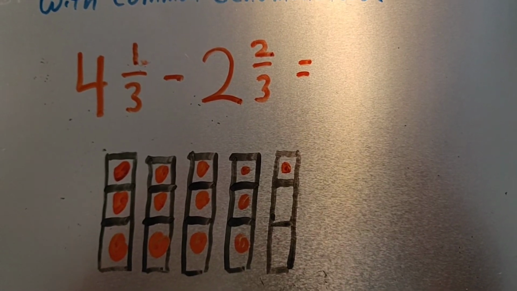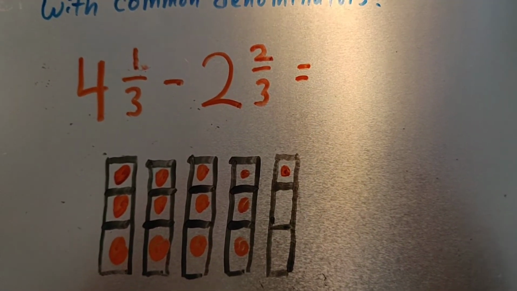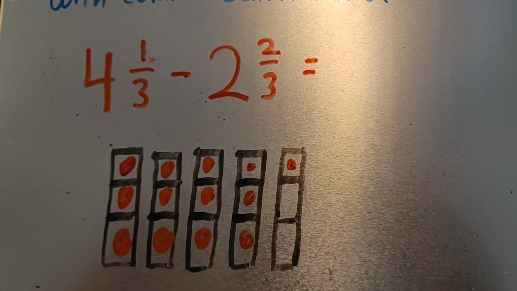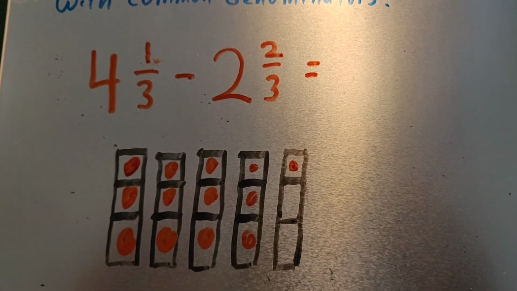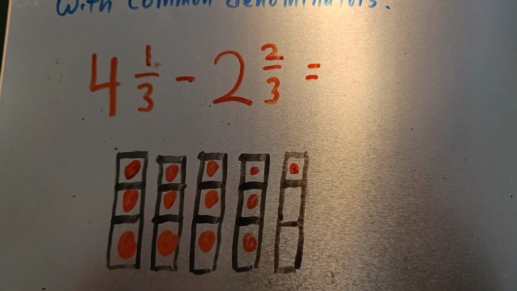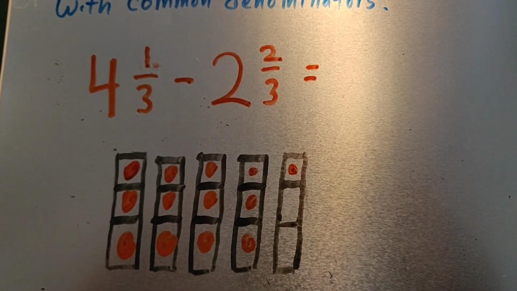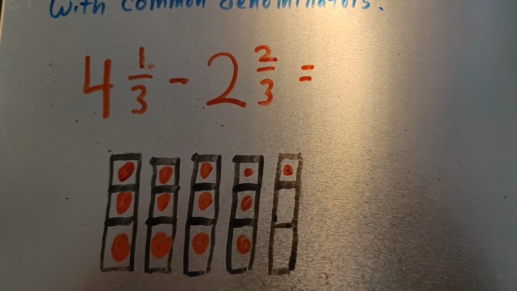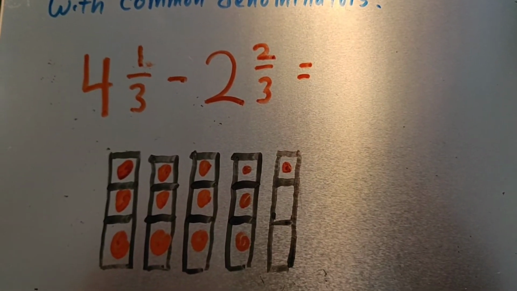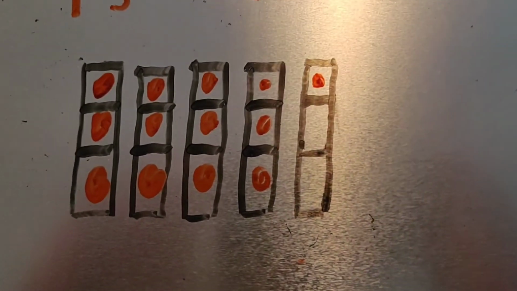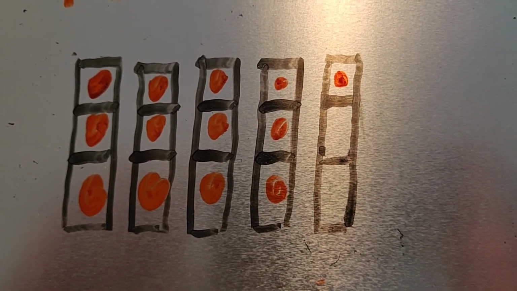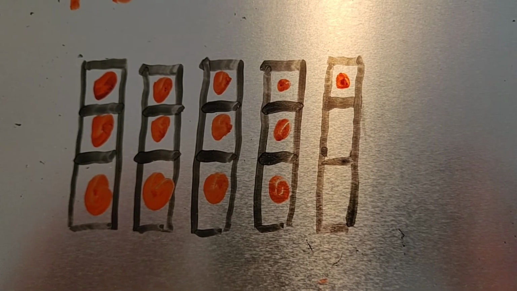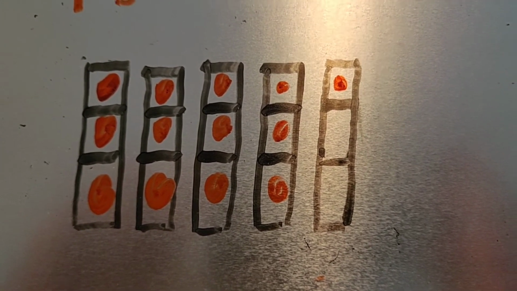I broke them into 3 equal size parts each, because the denominator in the 1/3 in 4 1/3, and in the 2/3 in 2 2/3, is 3. That means our wholes are broken into 3 equal parts. Notice I have 4 wholes, and then I have another 3-part whole, but I only have 1 part of that, so that's 1/3. So that models 4 1/3.